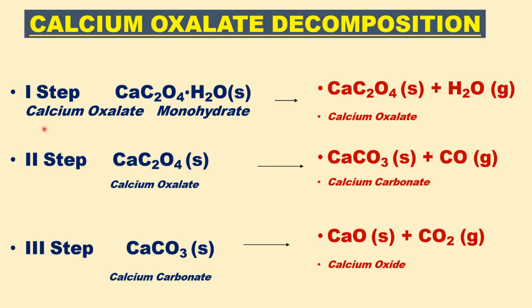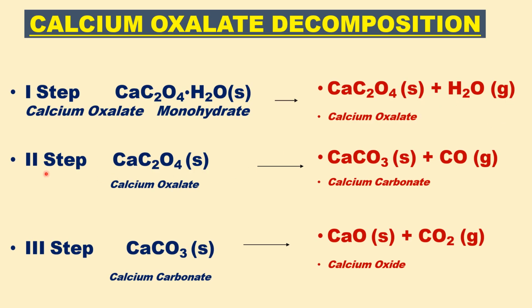Let us study the TGA of calcium oxalate, the thermal decomposition of calcium oxalate. It occurs in 3 steps. In the first step, calcium oxalate, which actually occurs as a monohydrate, on heating gives anhydrous calcium oxalate by eliminating a molecule of water.